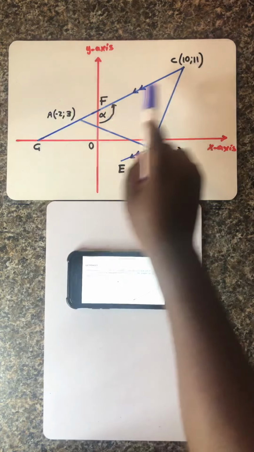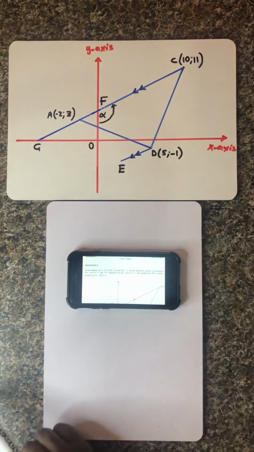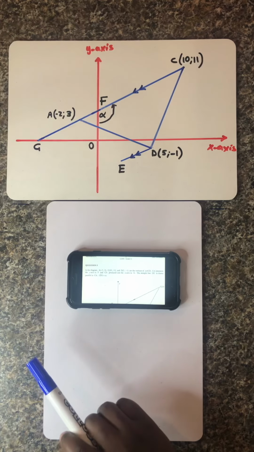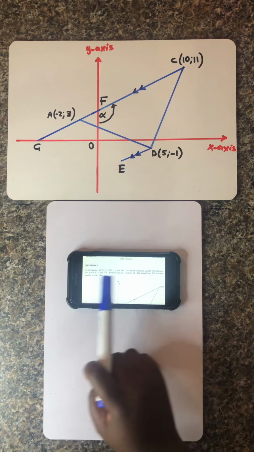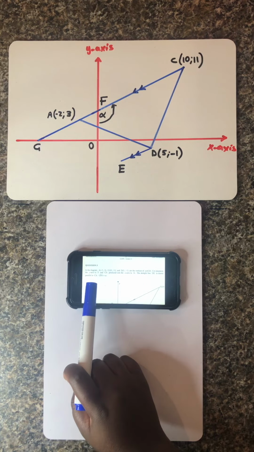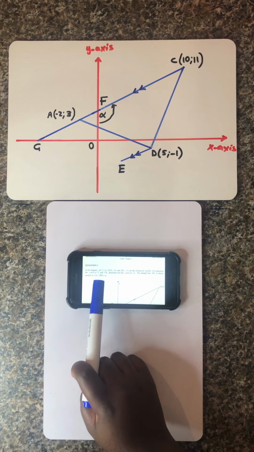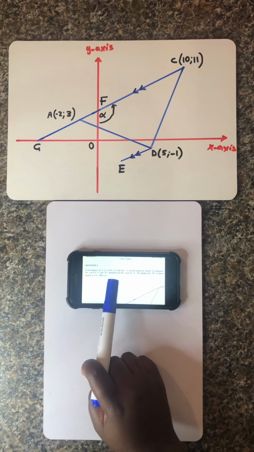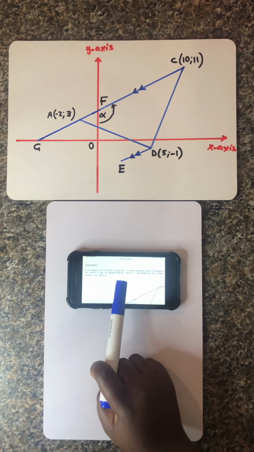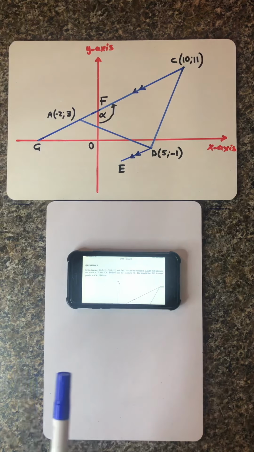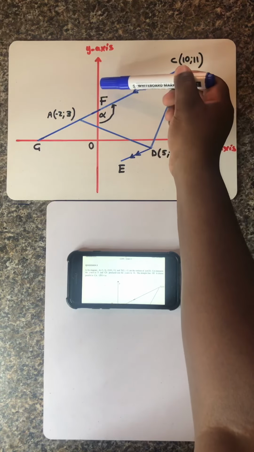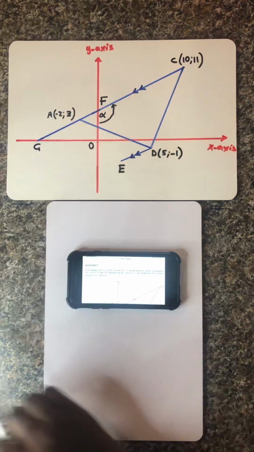So they're just talking about that part of the triangle. Very, very much important, ladies and gentlemen. CA intersects the y-axis in F, and CA produced cuts the x-axis in G. So here they're talking about that point F, and again that G.